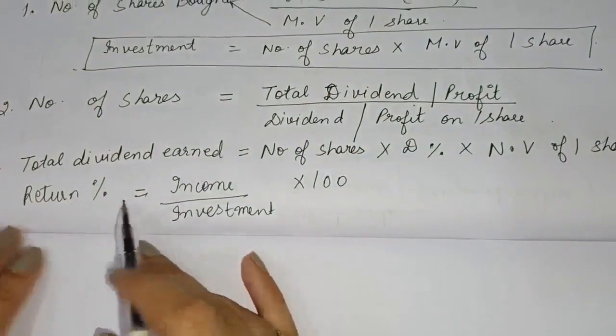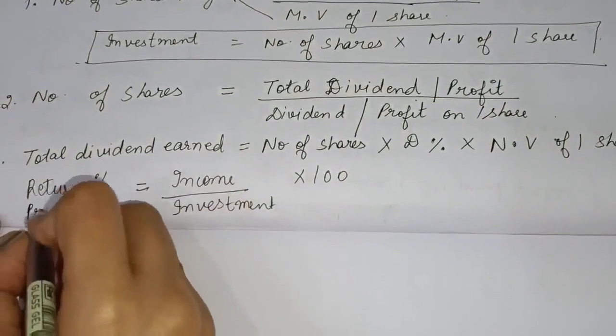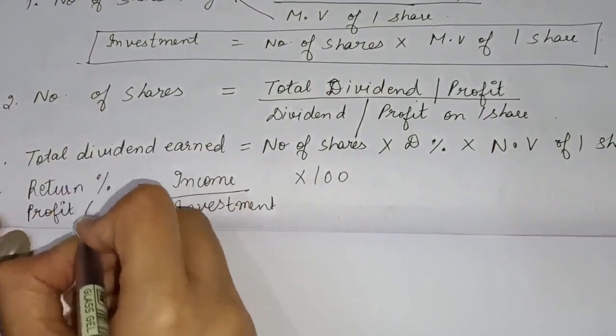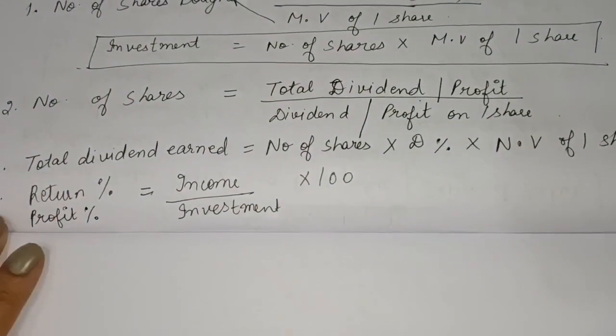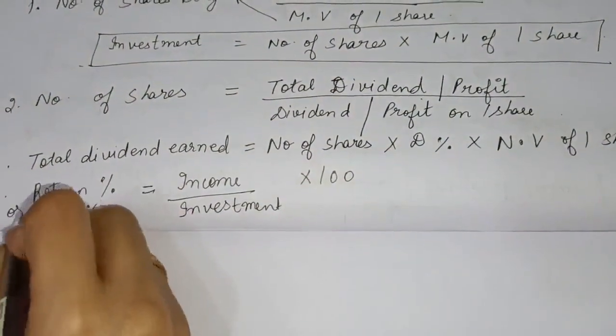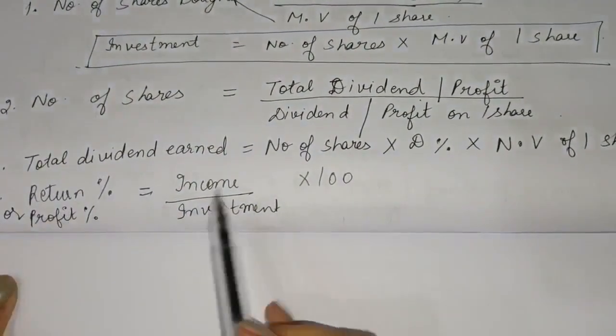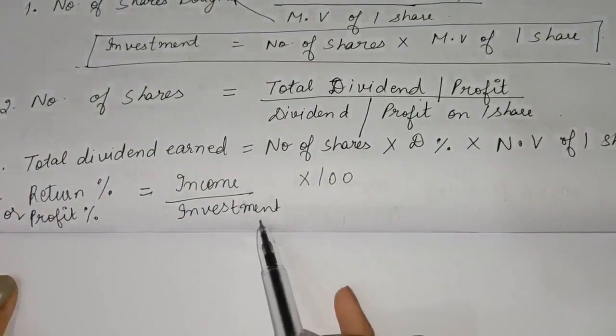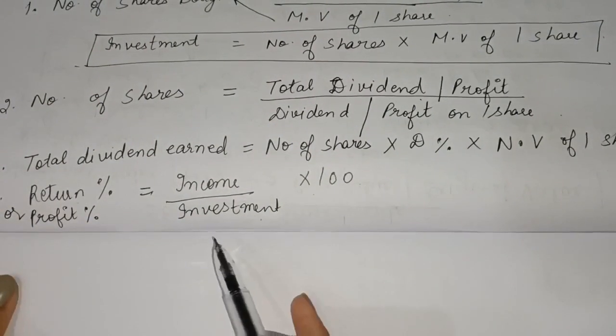Return means profit only, so that is profit percentage. Return percentage or profit percentage both are the same, equal to income by investment into 100. This is the formula which we are going to use.